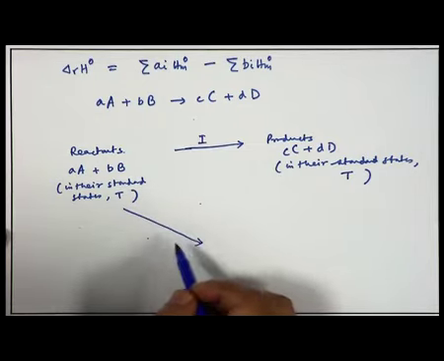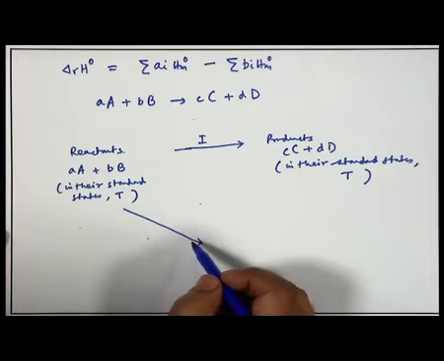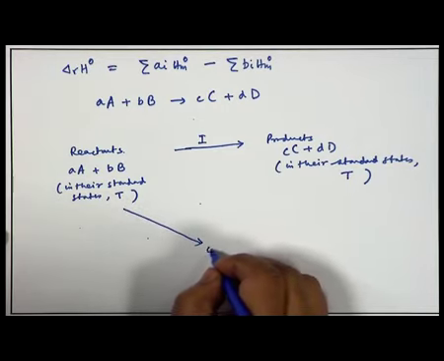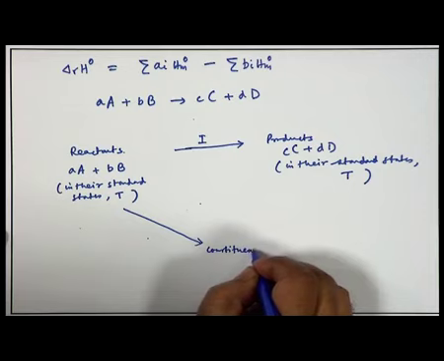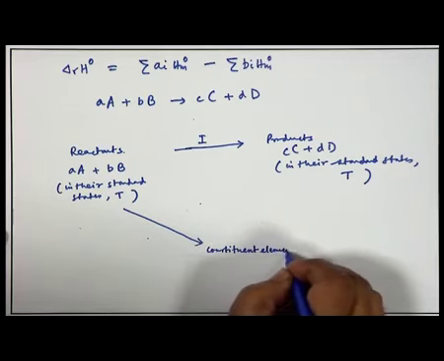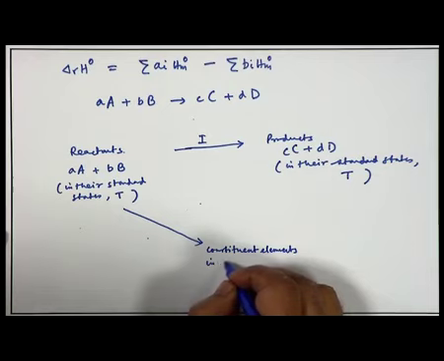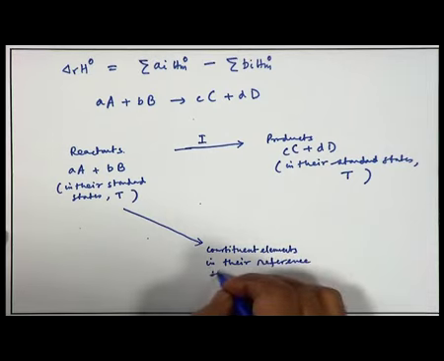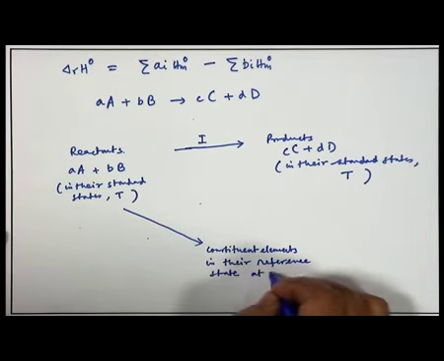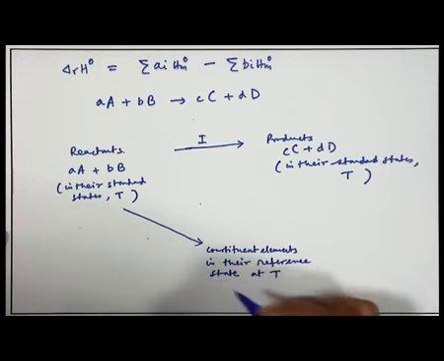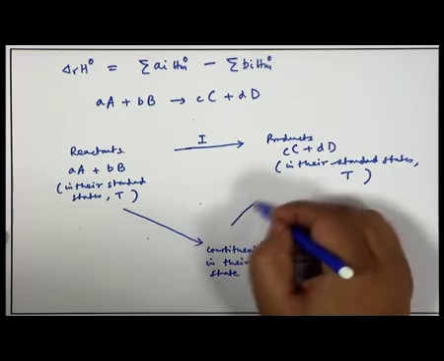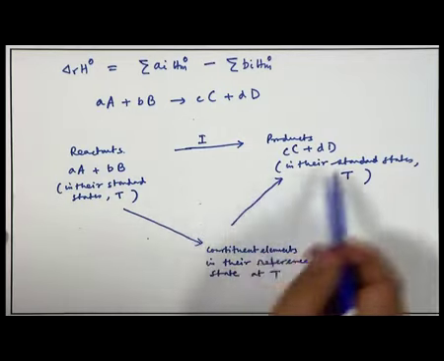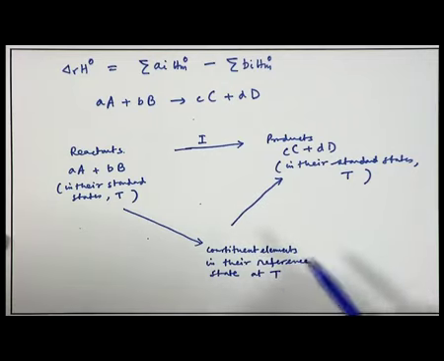Now, we can take it back, we can divide into 2 steps. First step, we are taking back to their constituent elements in their reference state at that particular temperature, and from here we go back to the product, because the constituent elements for the reactants and product have to be the same.